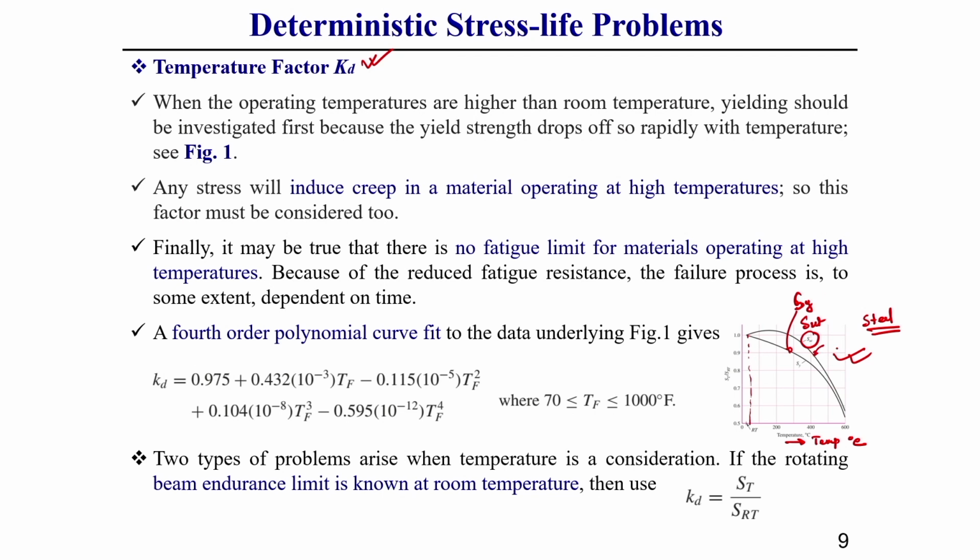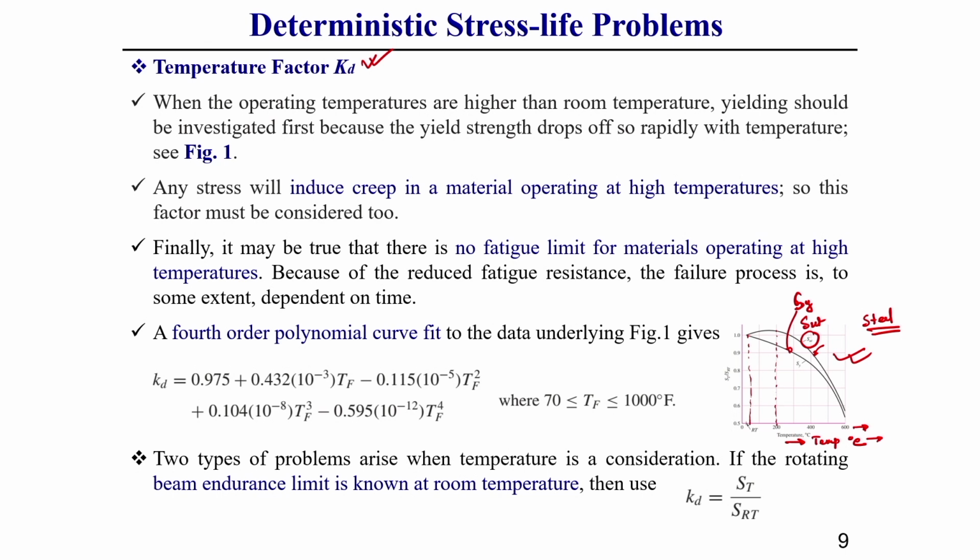What you can observe from this figure is that if we increase the temperature from room temperature, the ultimate as well as the yield stress gradually decrease. Whereas, for steel material, the ultimate stress reaches some particular value for a particular range of temperature. After that it declines, and it decreases very rapidly with further increase of temperature. This you can observe here.